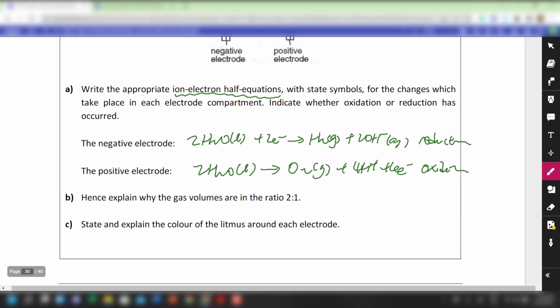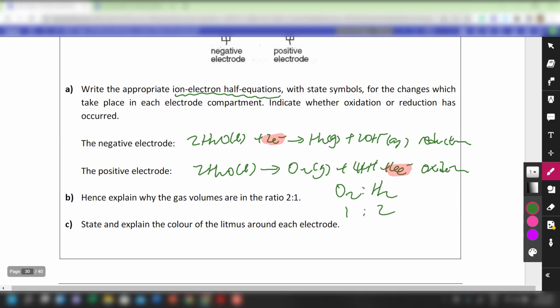For B, hence explain why the volumes are in the ratio of 2:1. I think from the electron transfer you are able to tell. For every 1 equivalent of hydrogen gas produced, 2 electrons are required for the reduction. But for every 1 equivalent of oxygen produced, 4 electrons are involved. So the oxygen to hydrogen ratio will always be 1:2.